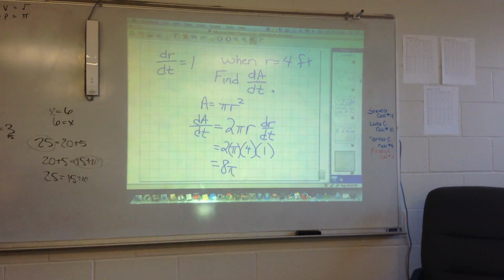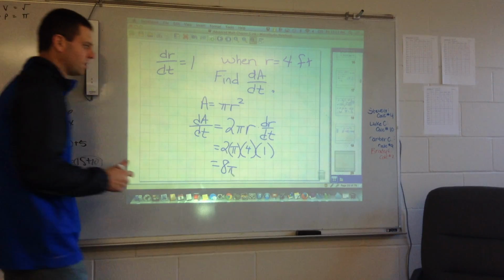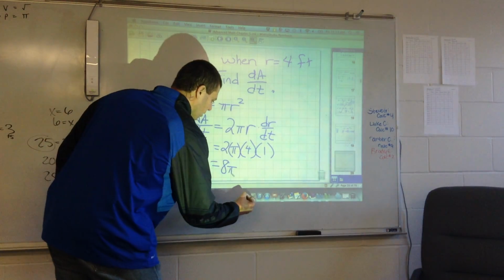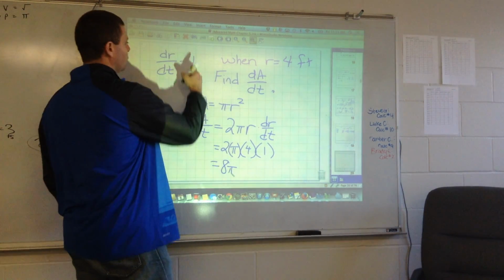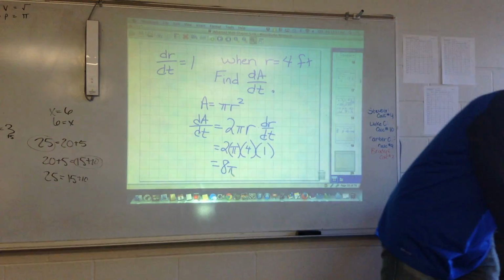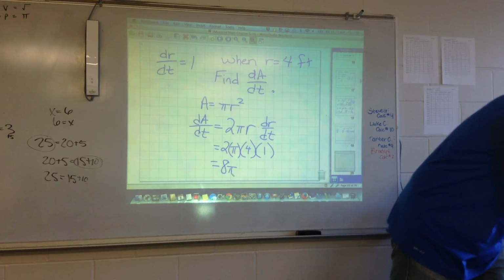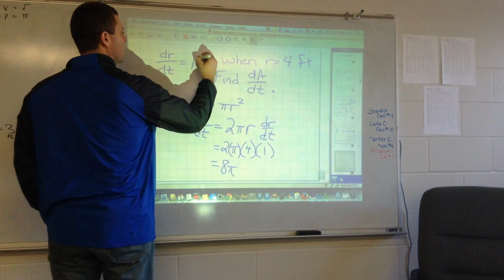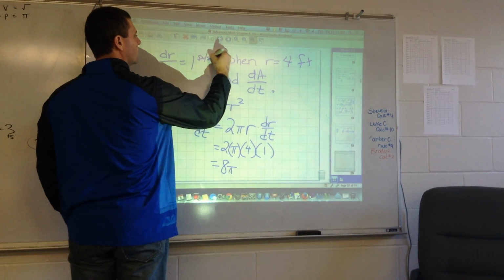Label. Squared what? Feet squared per second, yep, because it's an instantaneous rate of change. It's how fast the area is changing with respect to time. This was in seconds, correct? 1 foot per second.